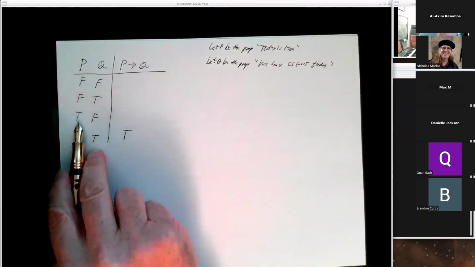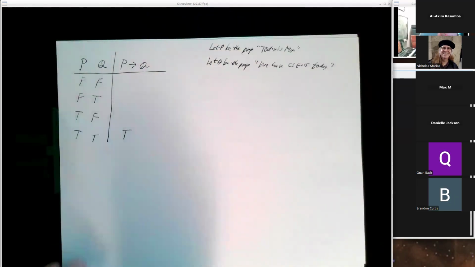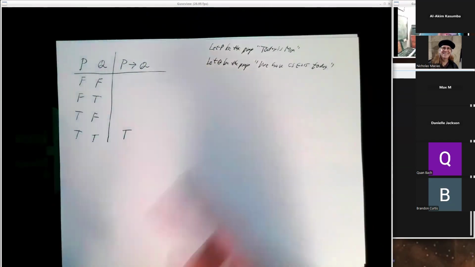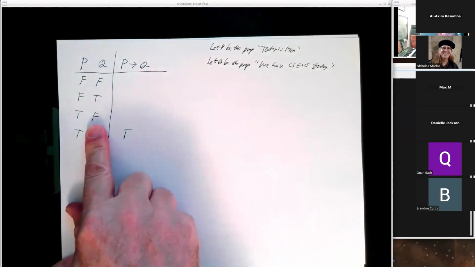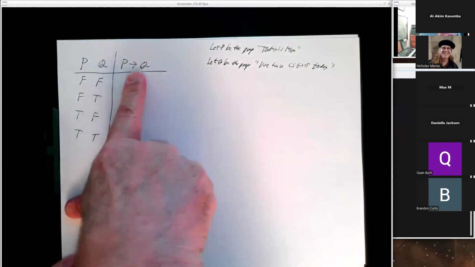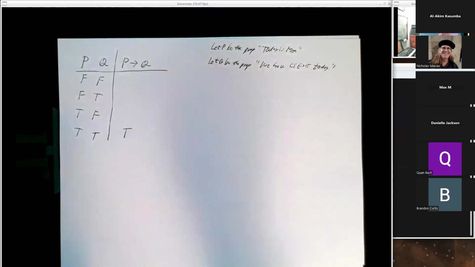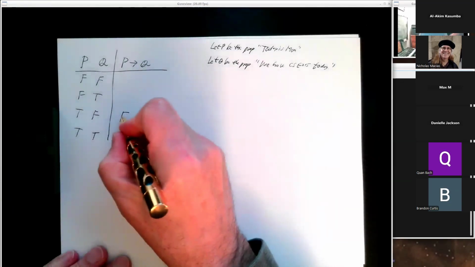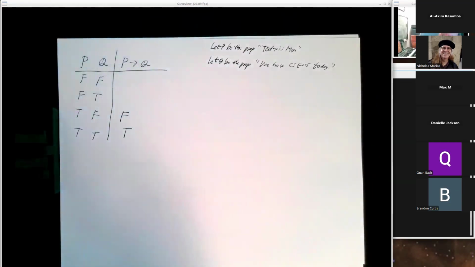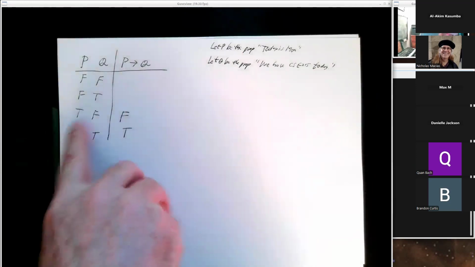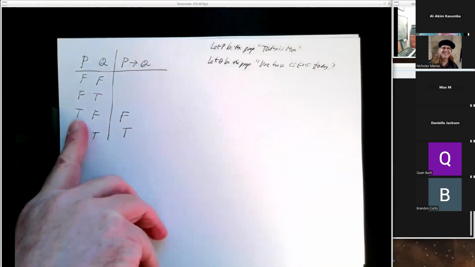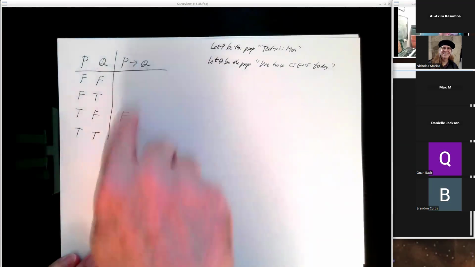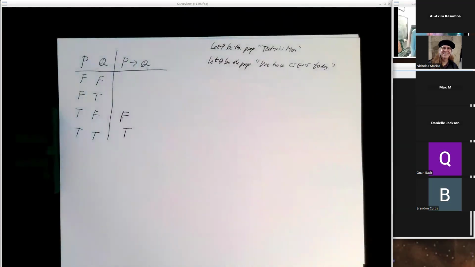And this previous row is pretty simple. Suppose today is Monday, but we don't have CSE 215, then this conditional statement is absolutely false. Because this says if today's Monday, then Q should be true. And if there's a case where today's Monday but Q is false, this conditional is false. So those two rows are pretty straightforward to fill in.